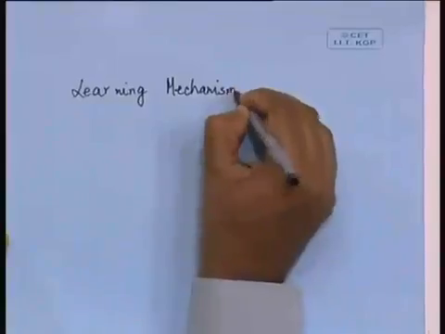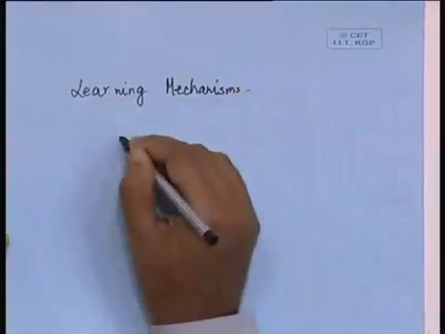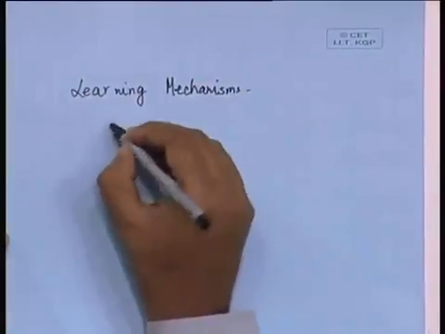So, we are going to continue with what we were discussing in the last class. This lecture will be on the learning mechanisms in neural networks, but especially we will consider three types of learning mechanism.